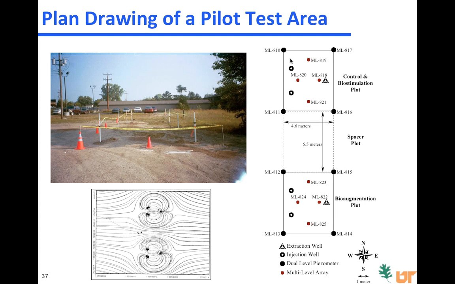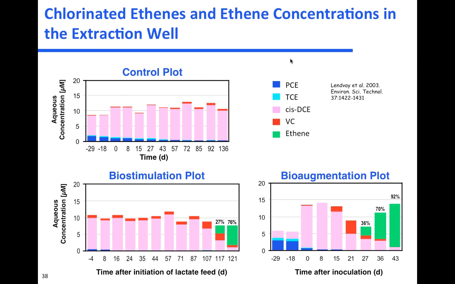What's shown here is just the layout of these plots where the injection wells, the monitoring wells, and the extraction wells were located. The key point is that the plots were adjacent to each other and they were hydraulically not connected. So what was done in one plot did not affect the adjacent plot.